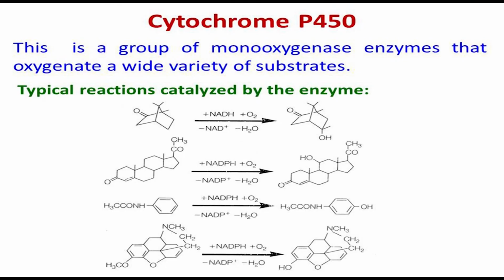For example, this camphor is hydroxylated over here, the next steroid is hydroxylated over here, this has been hydroxylated here. So, the positions are very selective, not random. Please note that this hydroxylation is stereospecific, not random, and that is the reason why this is so special.